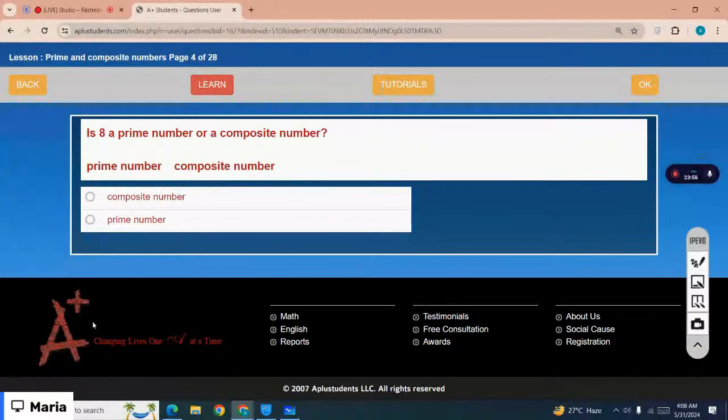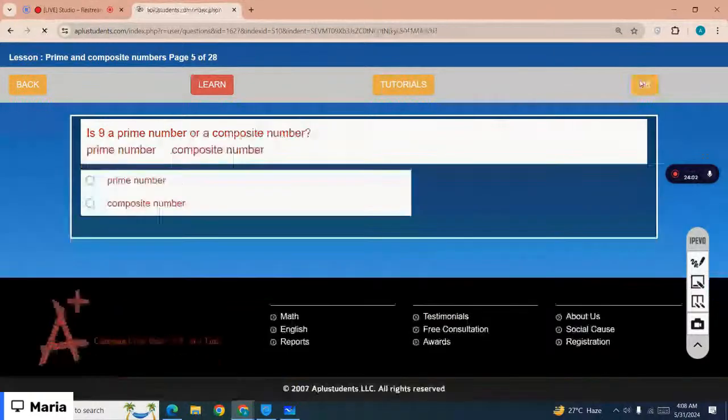Composite number it is. 8 is a composite number. Very good. Is 9 a prime or composite number? 9 is a composite number because 3 times 3 is 9.